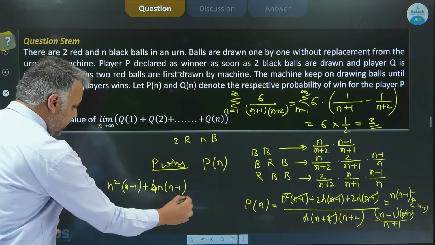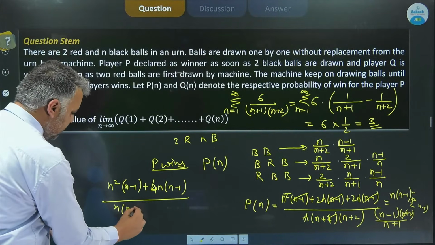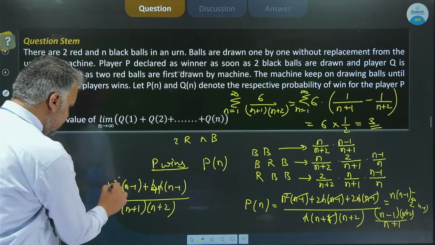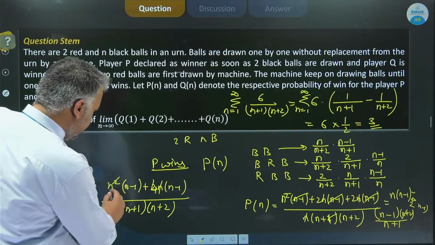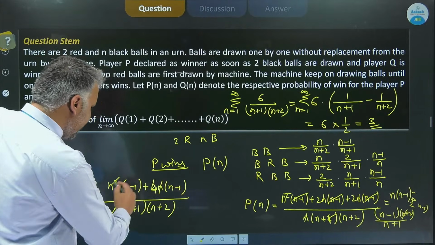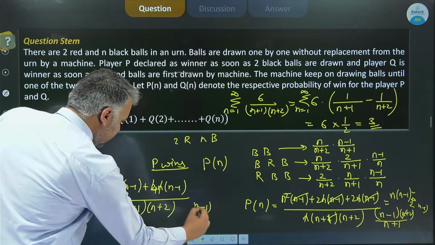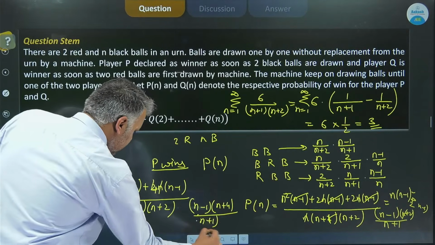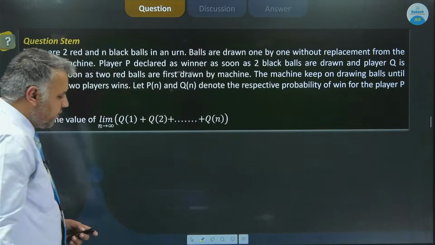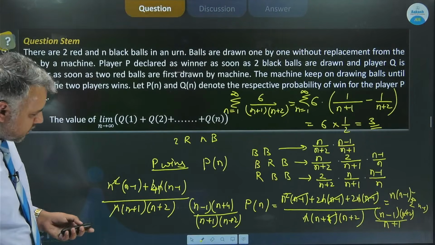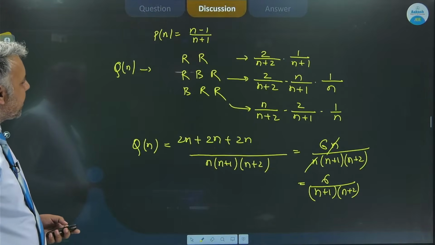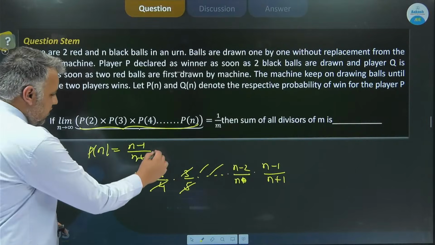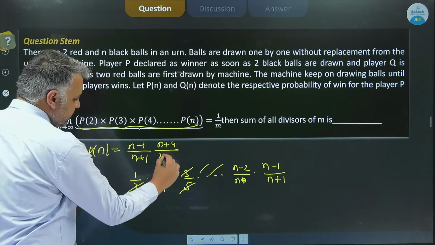So this is 4n into n minus 1 divided by n plus 1, n plus 2. Okay. So n is cancelled out, and it will be n minus 1 into n plus 4. Okay, this is the Pn. This will be n plus 4 divided by n plus 2.